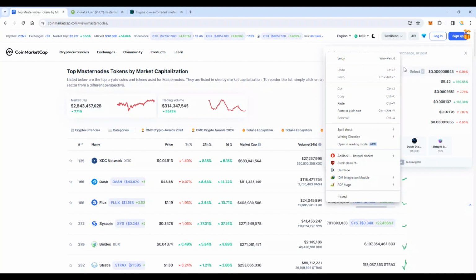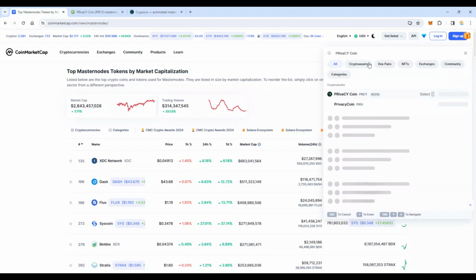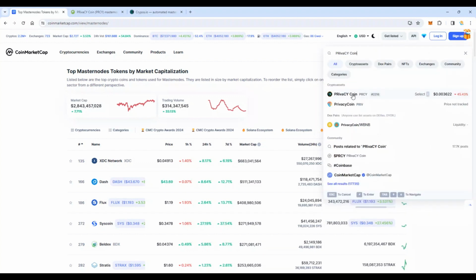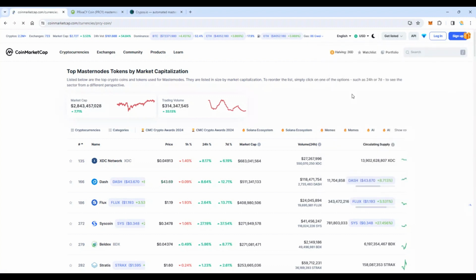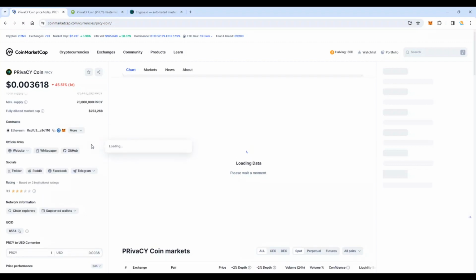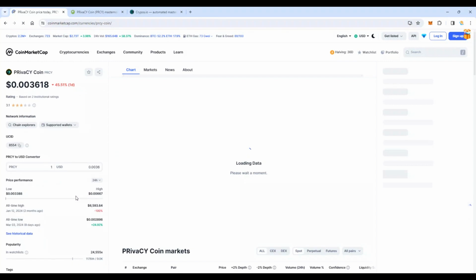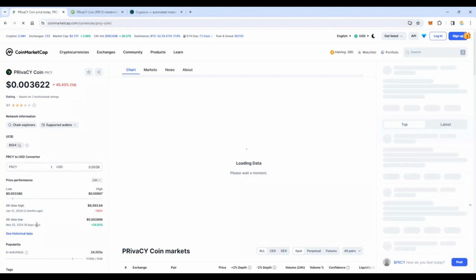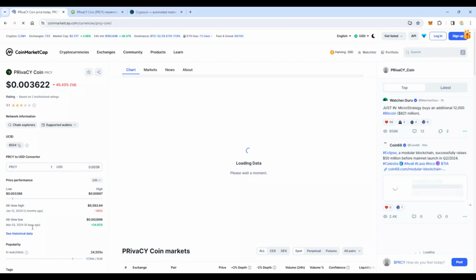Could it be a project that just got launched recently? Let's see how old the project is. Actually, according to CoinMarketCap, this doesn't have any trading volume. And looking at more data, the all-time low was just the other day. Let me see when this project was launched.